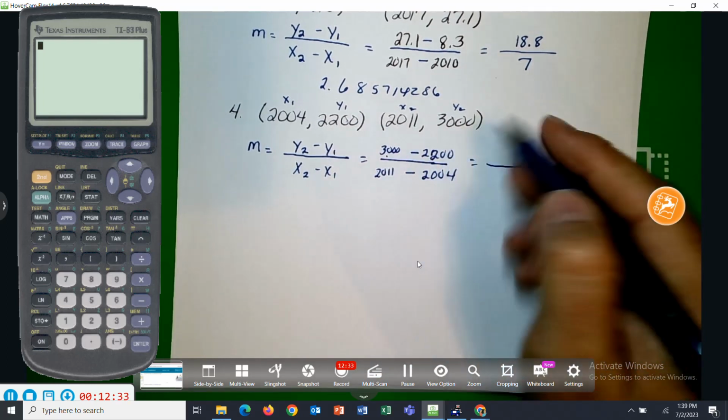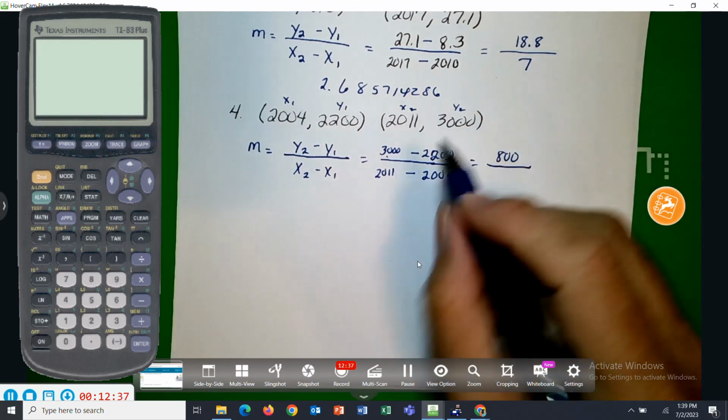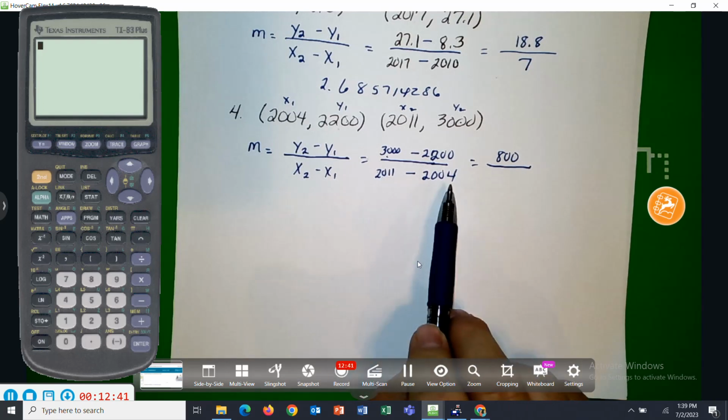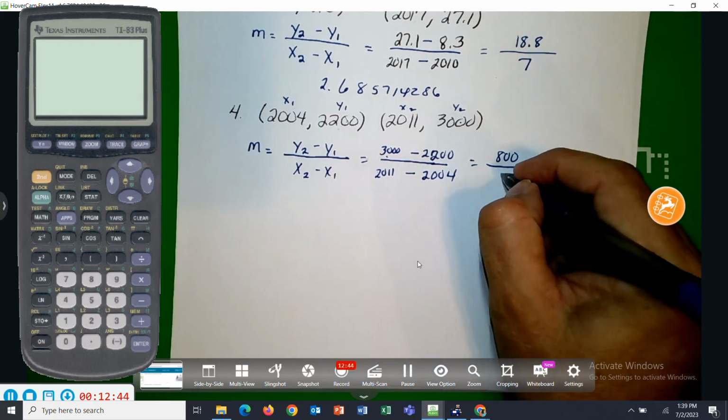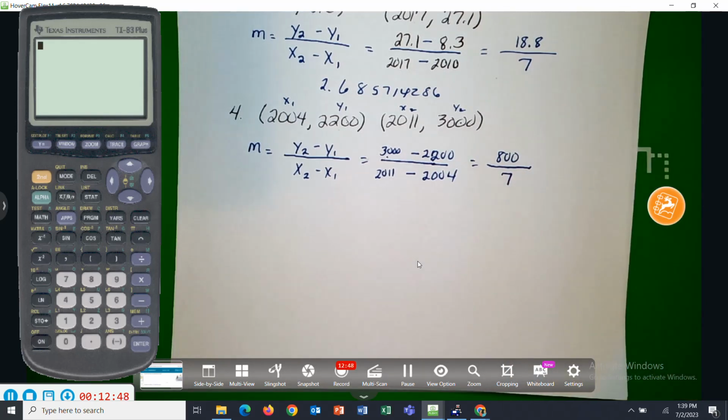So the 3,000 minus 2,200, that's 800. So the checks have risen by $800 over a 7-year period. So if we actually divide 800 divided by 7, it's going to be over $100 a year, isn't it? 114 point.